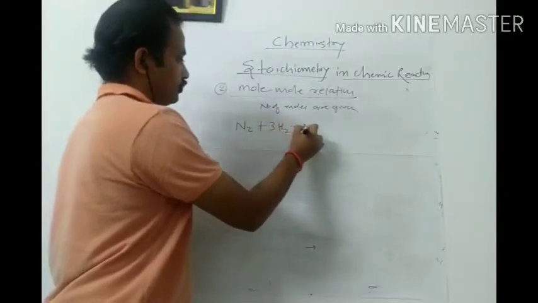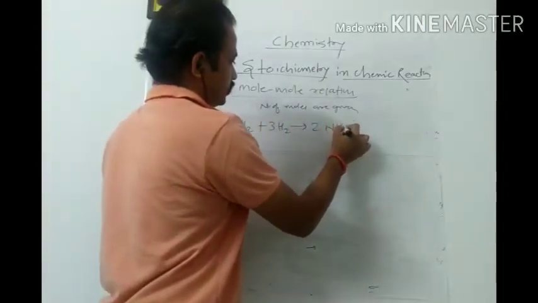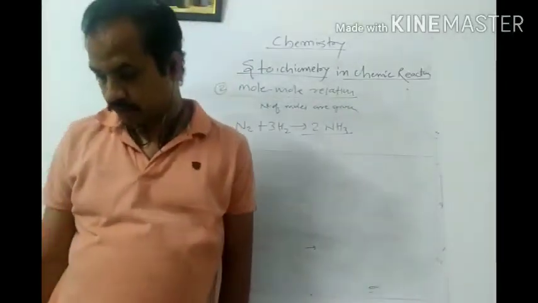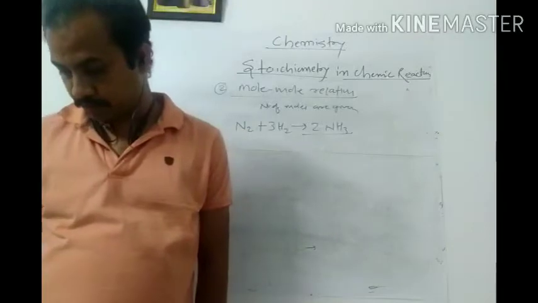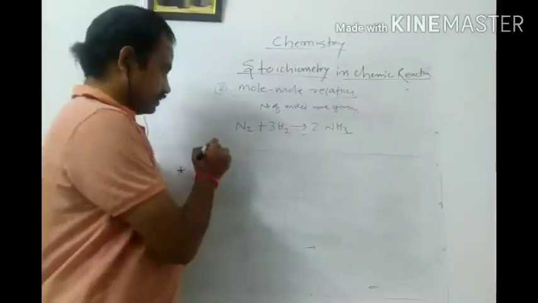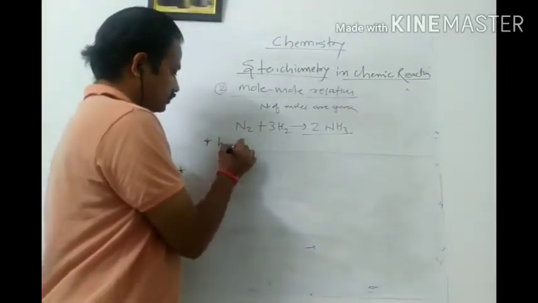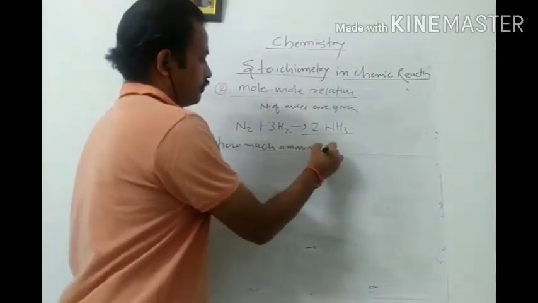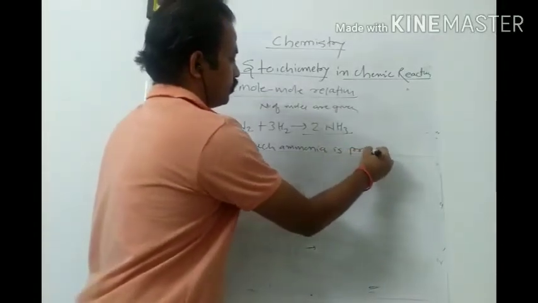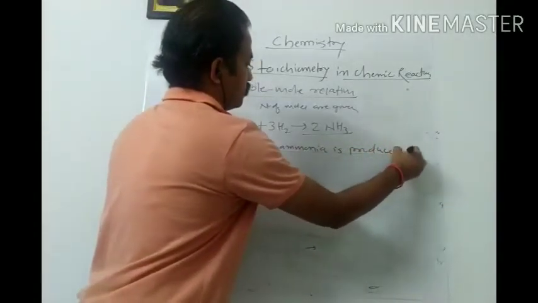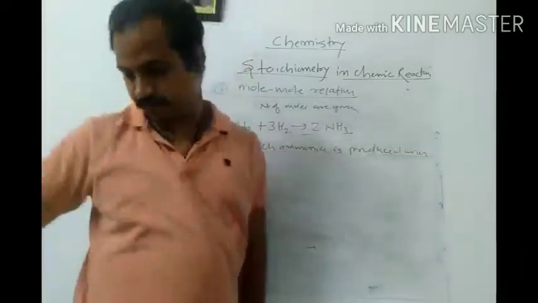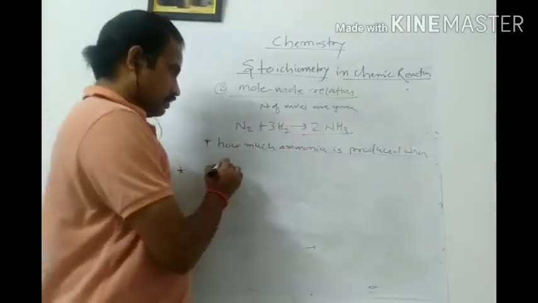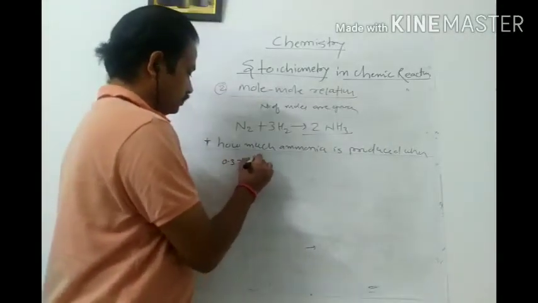Nitrogen reacts with hydrogen, and we will get ammonia. The question is like this: how much ammonia is produced when 0.3 moles of hydrogen is reacted?